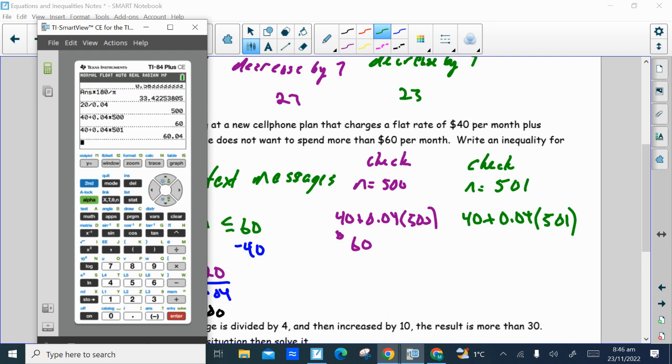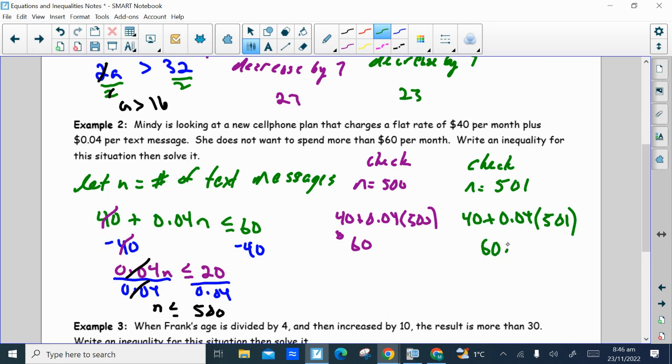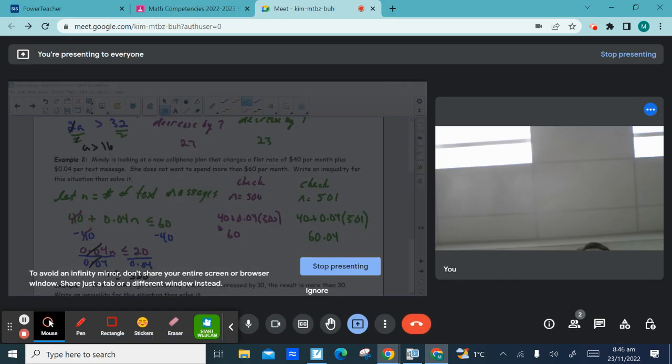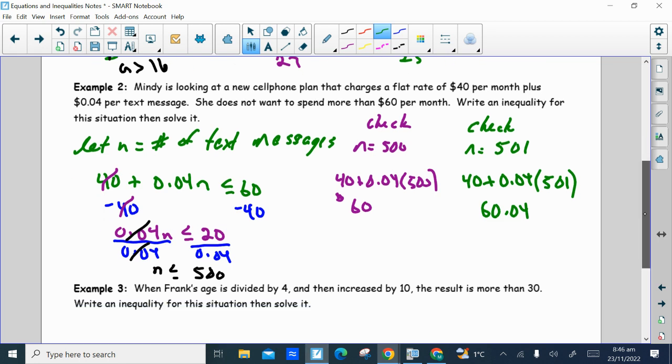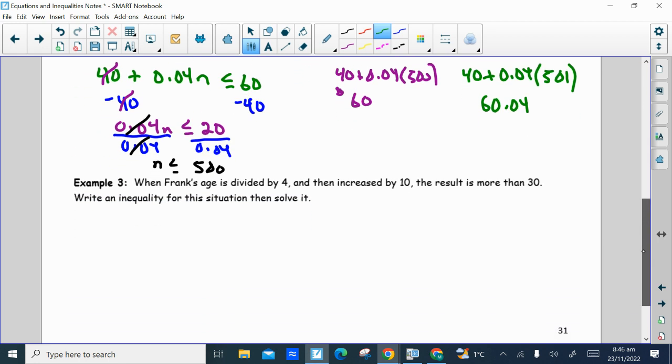And that gives us $60.04, which is more than she wants to spend. So again, this just shows that our solution that we came up with, that n must be less than or equal to 500, is correct. It does match what we want to happen.